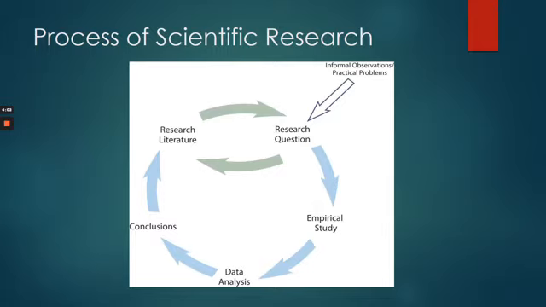So our study then informs the research literature. So there's an arrow there. So it's pretty much a never-ending cycle, if you will. We use previous theory and research to generate research questions. We conduct specific studies based on those research questions.